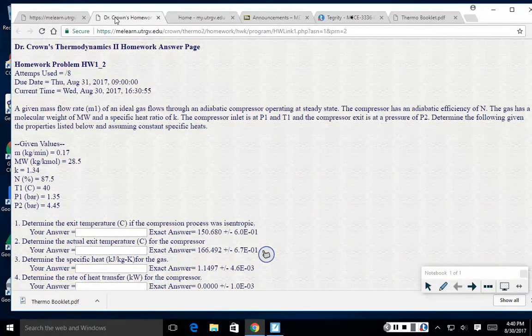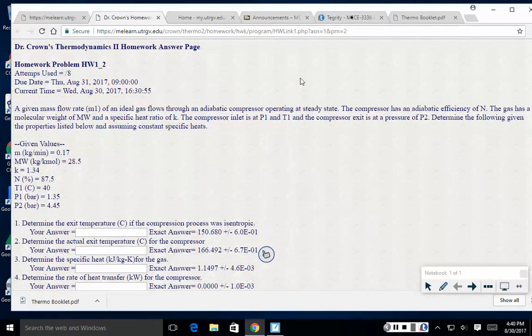So the first thing I'm trying to do is find the exit temperature if the compressor process was isentropic, because in order to find the actual temperature, I'm going to need to do that first. So the easiest thing to do is for constant specific heats.